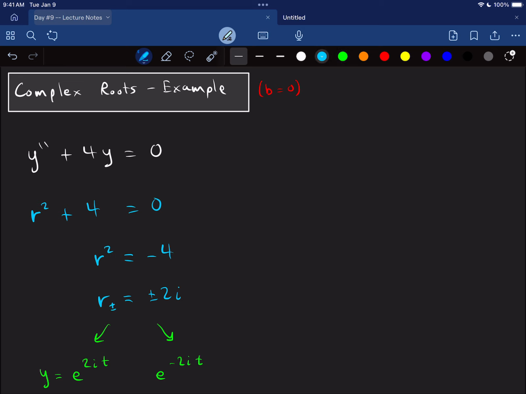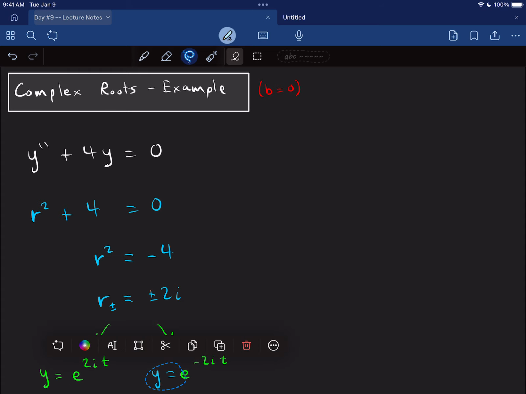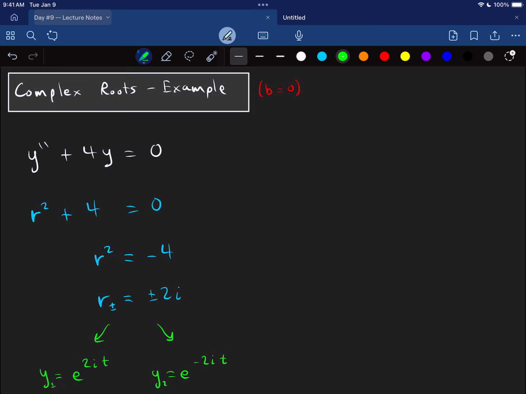If I wanted to, I could label this as r plus minus. I have two answers. Let's write y equals, and actually, even better, let's go y2 and y1. All right. And what we would do here is go superposition, say per superposition.